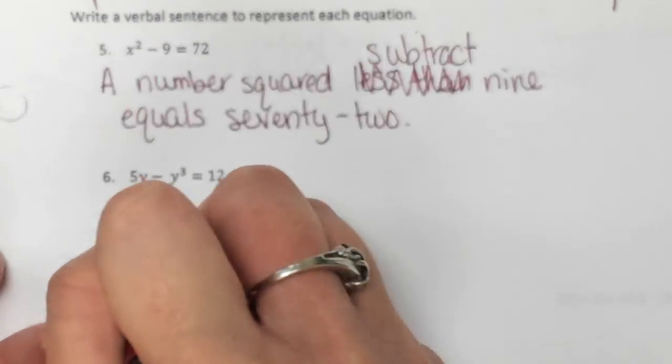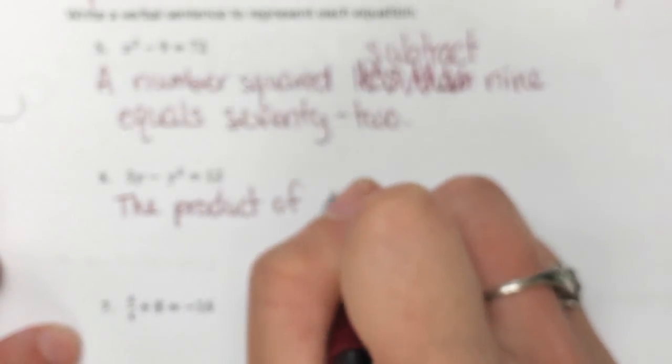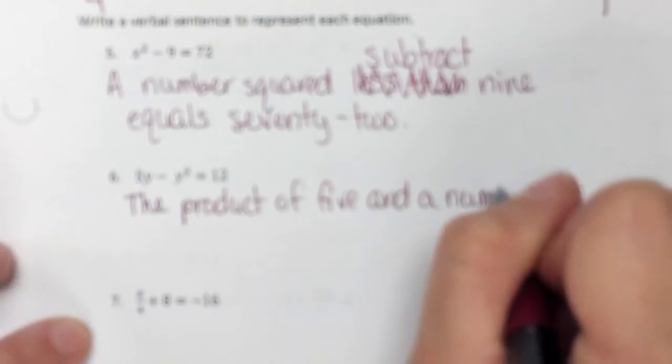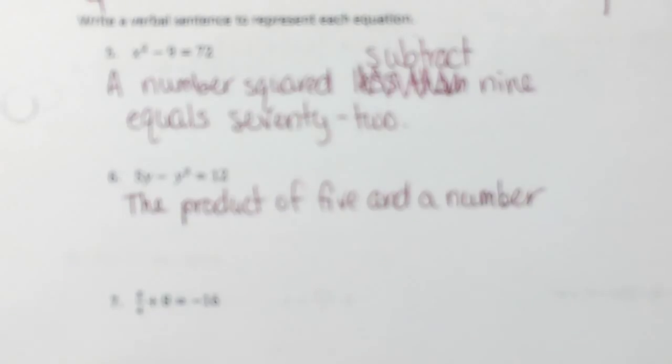How do I write 5y? 5, no, not 5 and a number. What am I doing to that 5 and that y? You're multiplying, right? The product of 5 and a number y. You have the product of 5 and a number.